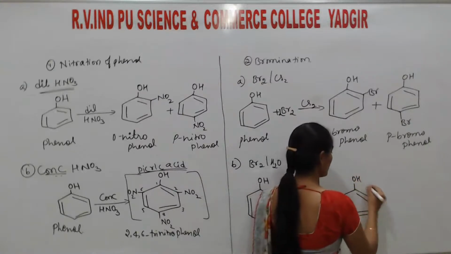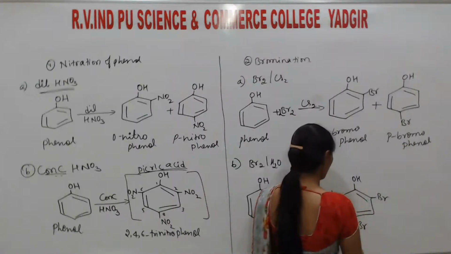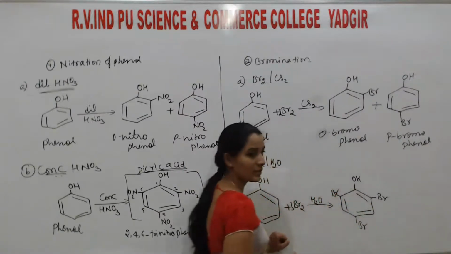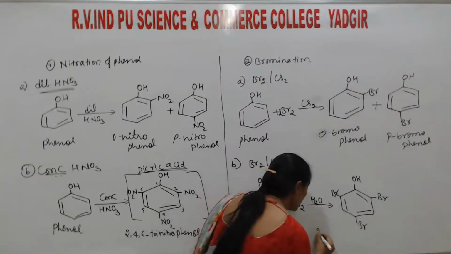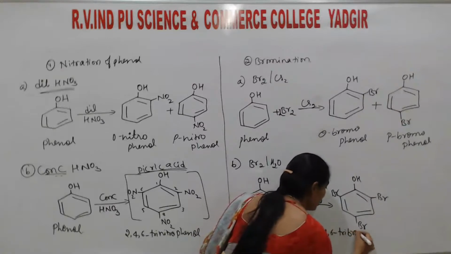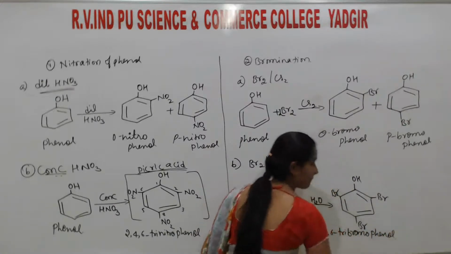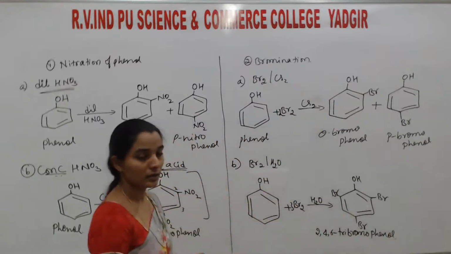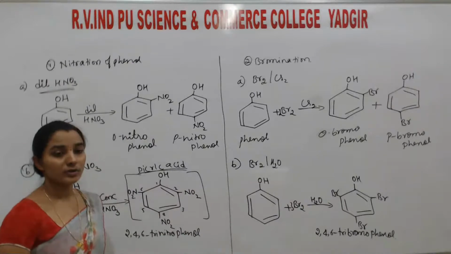So OH, here it is Br, here it is Br, here it is Br. Means tri-substituted bromophenol will form. So here it is 2, 4, 6 tribromophenol. Understand? Okay. So this is all about chemical properties of phenol.